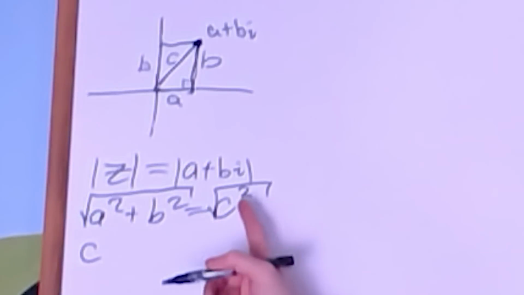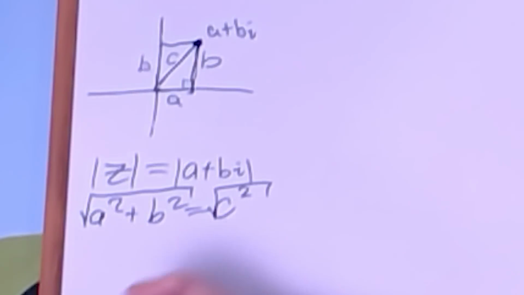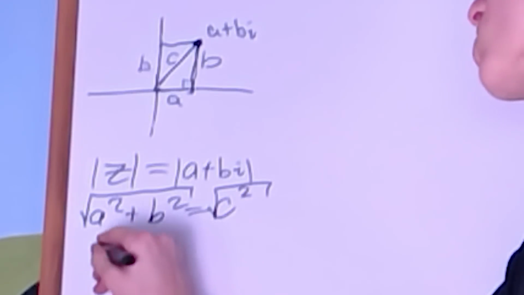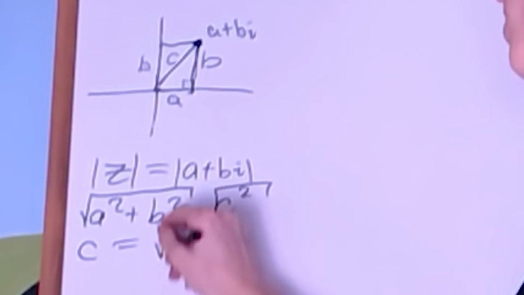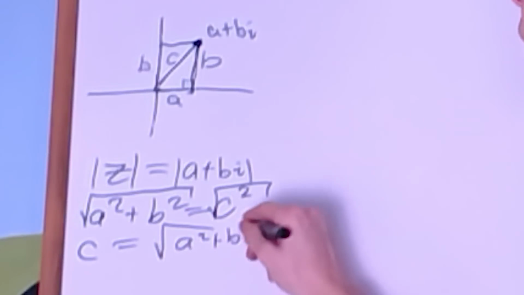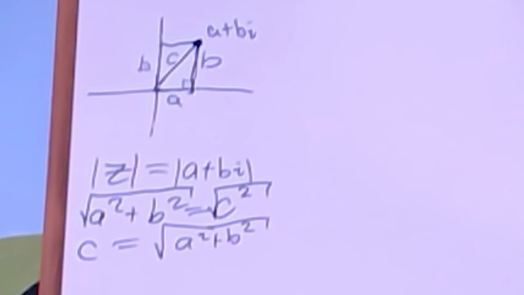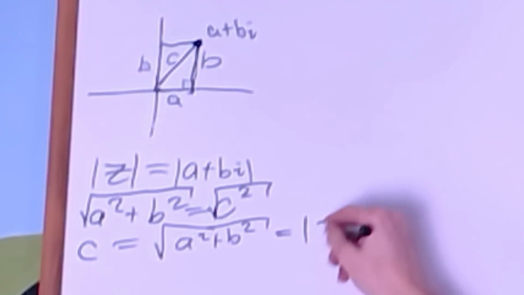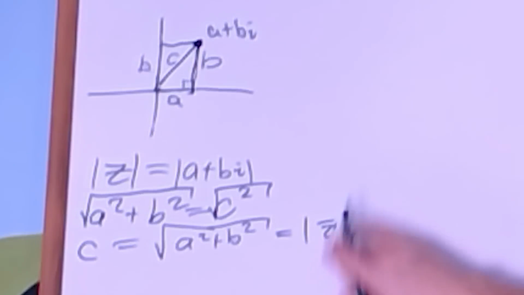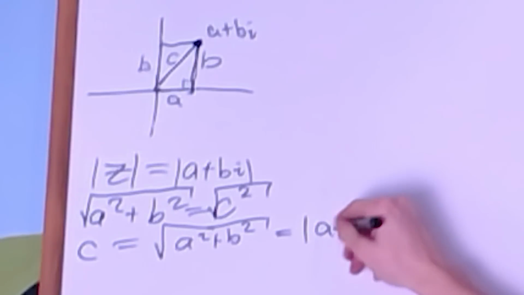The square root of c squared is just c, and then we have the square root of a squared plus b squared on the other side. This is the complex magnitude, the magnitude of z, or alternatively, the magnitude of a plus bi.